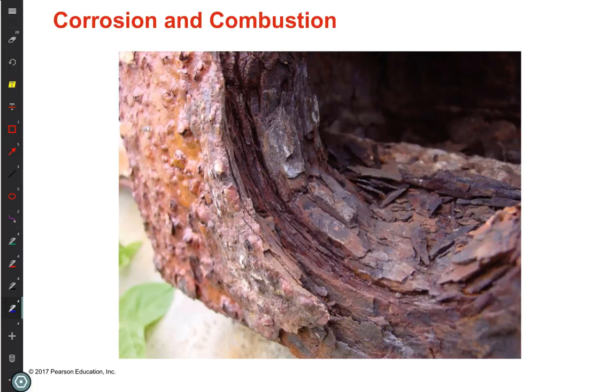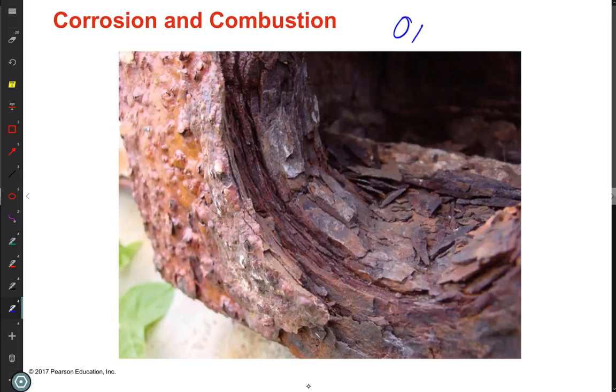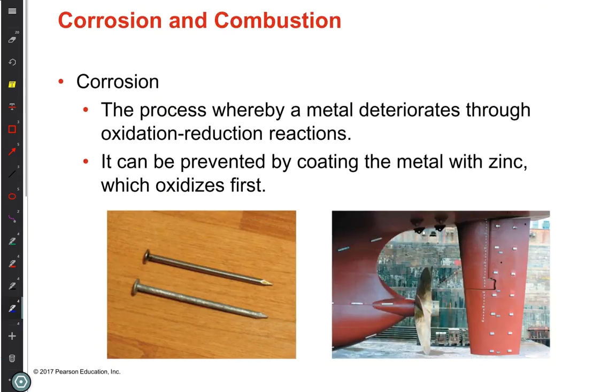3 minutes left. Corrosion and combustion. What are corrosion and combustion both examples of? I've talked about both of them today. Oxidation. So corrosion, that's going to be things like rusting, at least I believe it is.